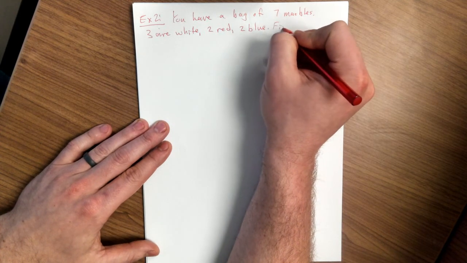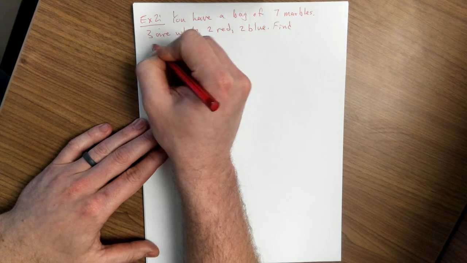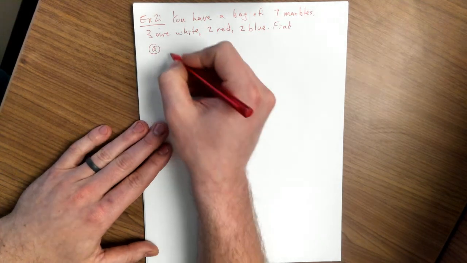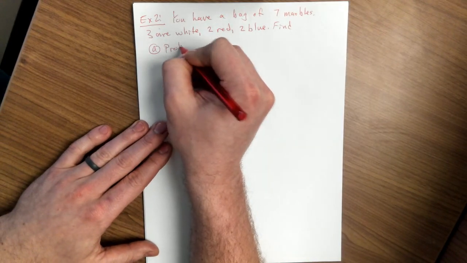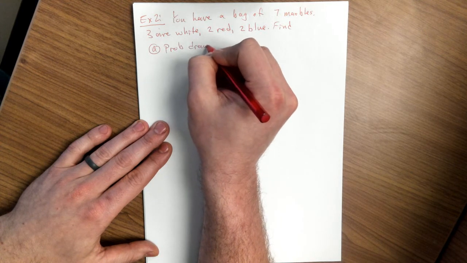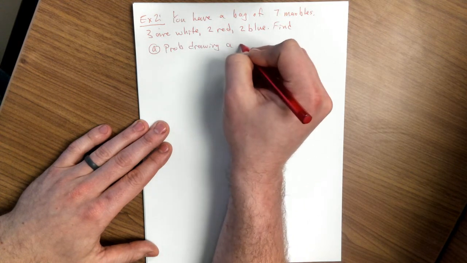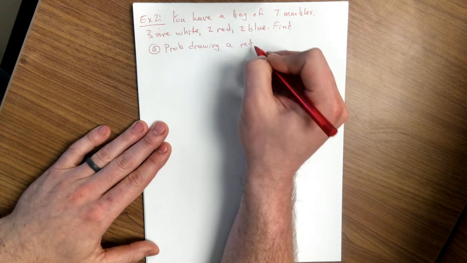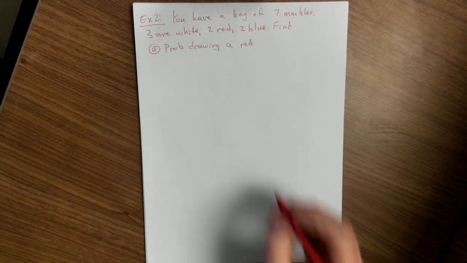And we're going to do parts A and B here. Find the probability of drawing a red.